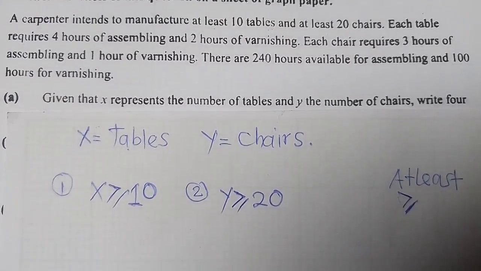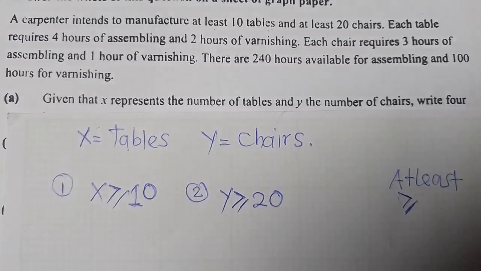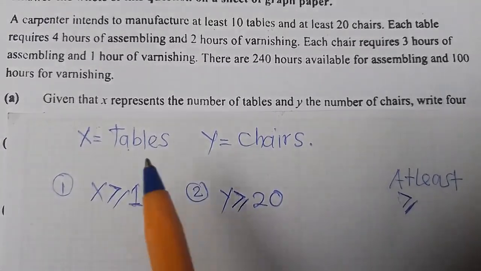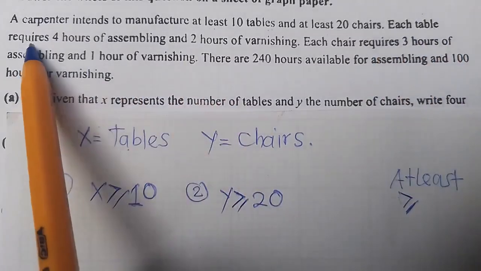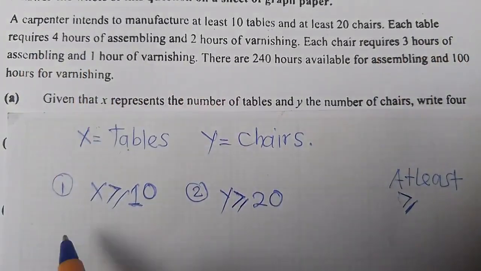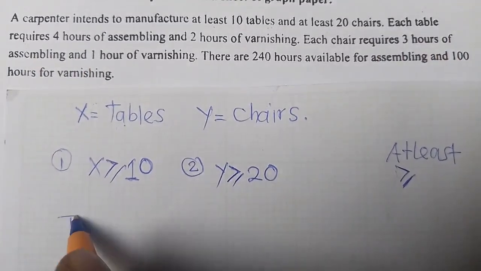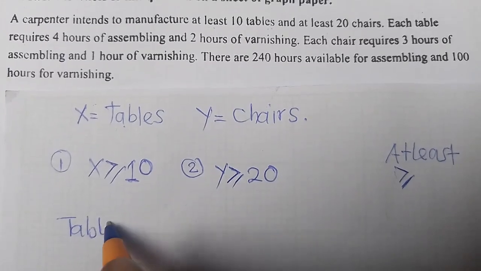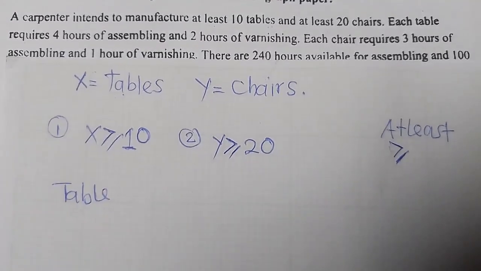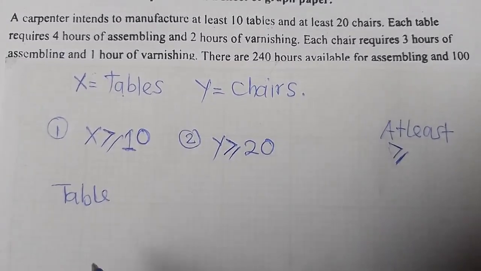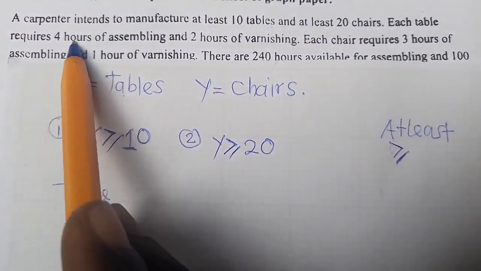So we proceed. What you are going to do next is that then we've got each table requires 4 hours of assembling. So you say, okay, you've now gone to a table. This is a table that we are talking about now. They are saying each table requires 4 hours of assembling.